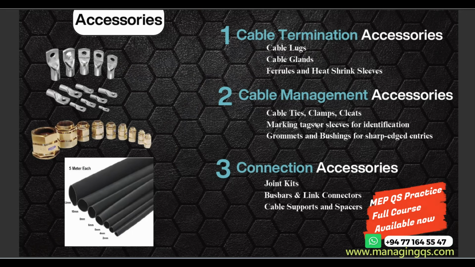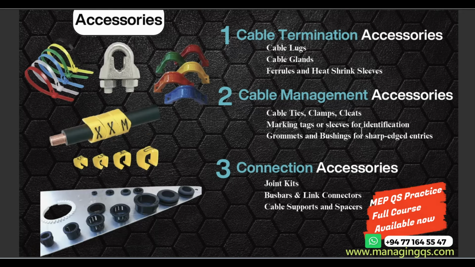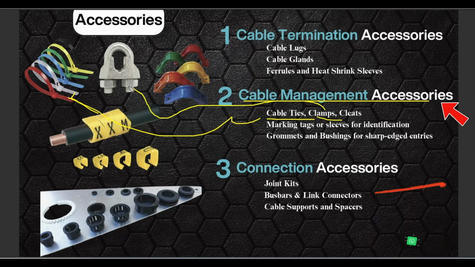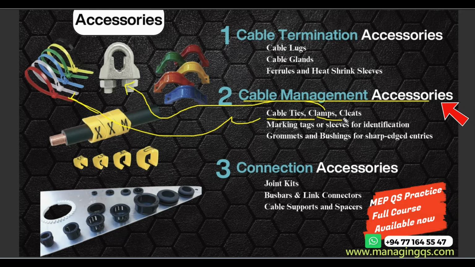Once you know these things, you will be a high level technical MEP quantity surveyor. So the second one is the cable management accessories. We can say cable ties, and this is a cable tie, and cable clamps, this is one type of the cable clamps, and also cleats, this is the cleat's appearance.